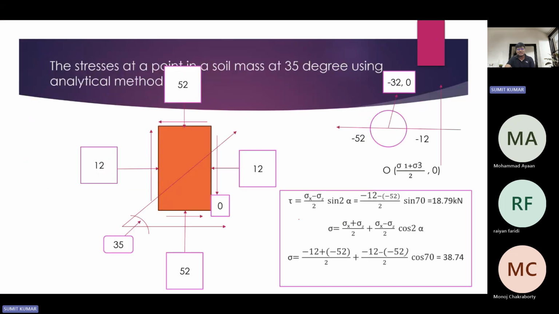Now you can see another problem is mentioned over here, in which the question asks for the stress at a point in the soil mass at 35 degrees using the analytical method. Over here the stress acting in the vertical direction is compressive in nature, while the stress acting in the horizontal direction has a value of 12 kPa.